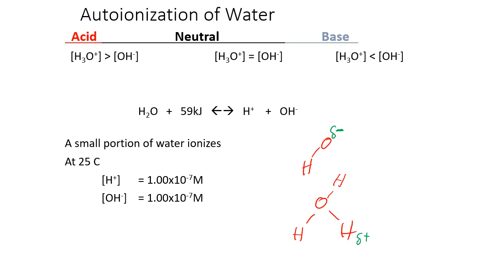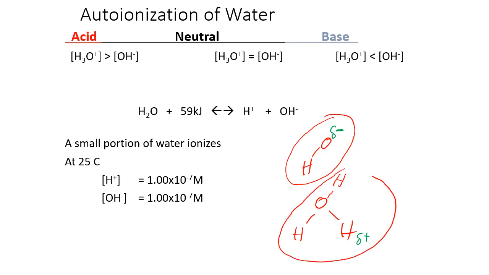And what does that produce? Well, it produces an OH and an H3O. In other words, you'll have two water molecules come together and it'll produce an H3O plus and an OH minus.